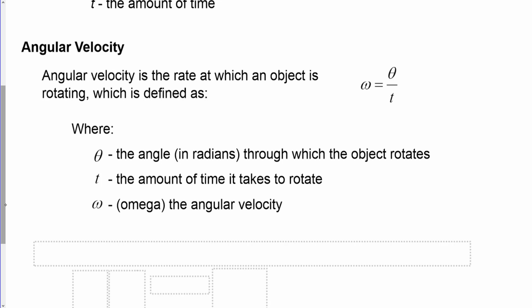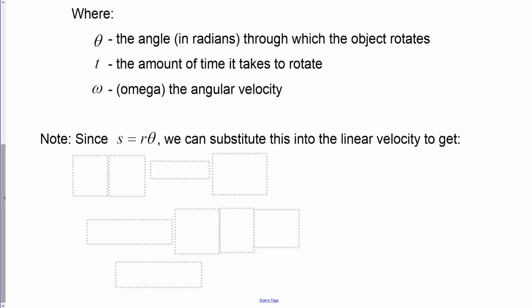This omega is just another Greek letter that we use here for this particular example. It doesn't have any special meaning itself, it's just a letter that we use for angular velocity.